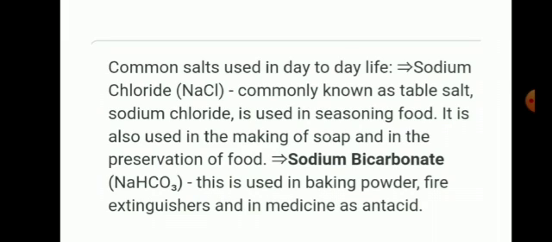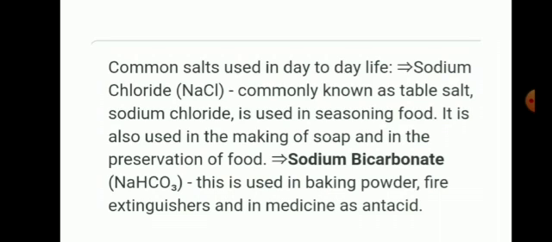When the production of acid is more than the required amount, we suffer from acidity which causes burning sensation of the stomach. In order to cure burning sensation of the stomach, people use basic substances called antacids, and these antacids neutralize the excess acid which is present in our stomach, right?